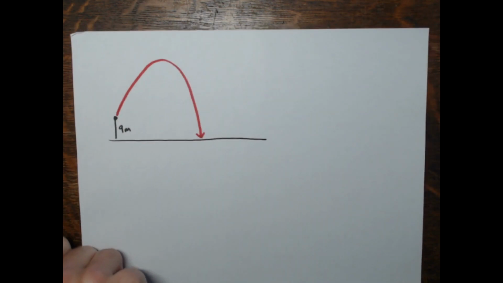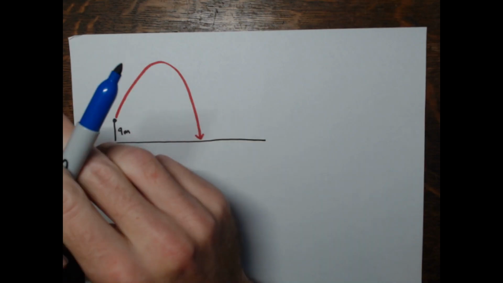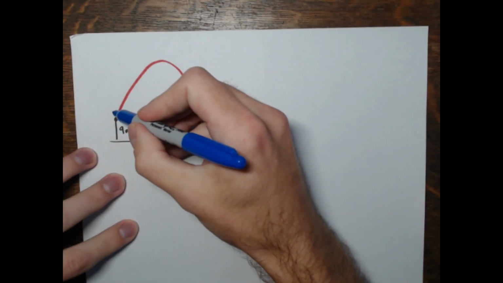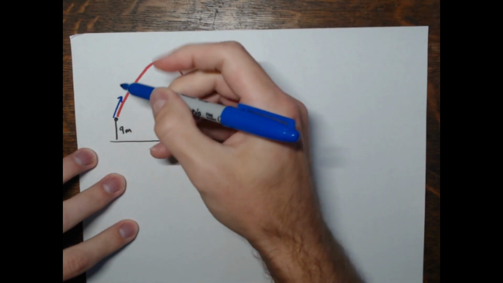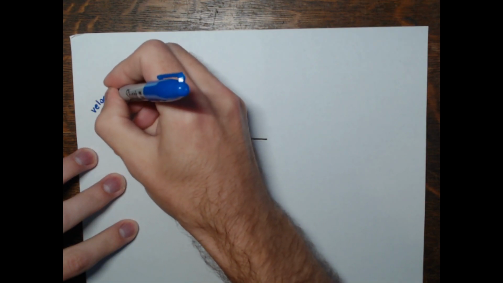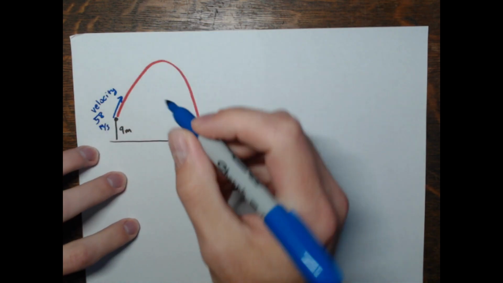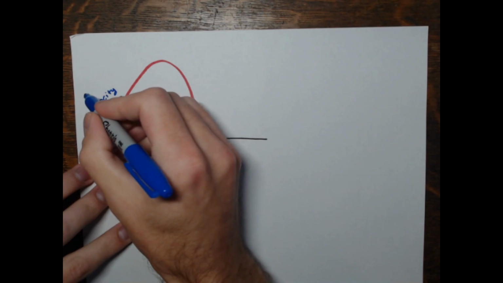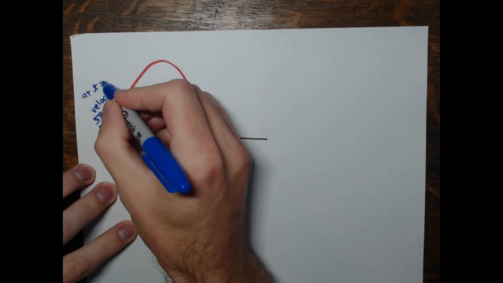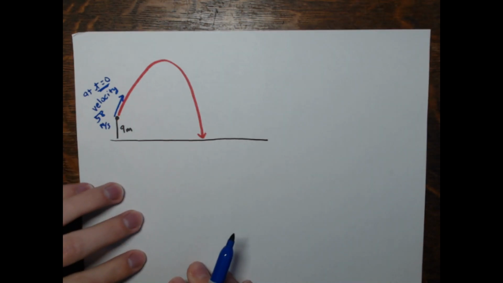Now the initial velocity, they give us an initial velocity. So it's launched upward with initial velocity of 58 meters per second, right? So my initial velocity, 58 meters per second. Now that's at time equals 0 seconds, at t equals 0, initial velocity.